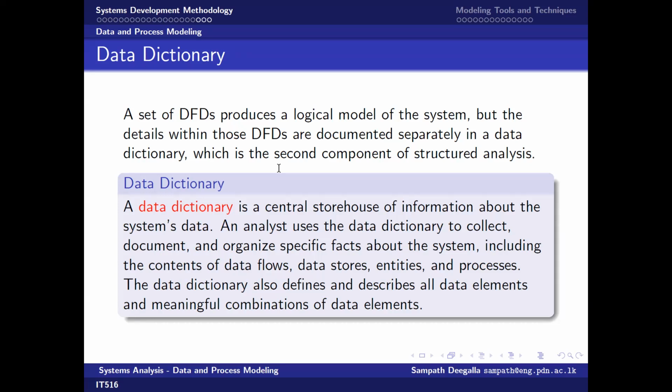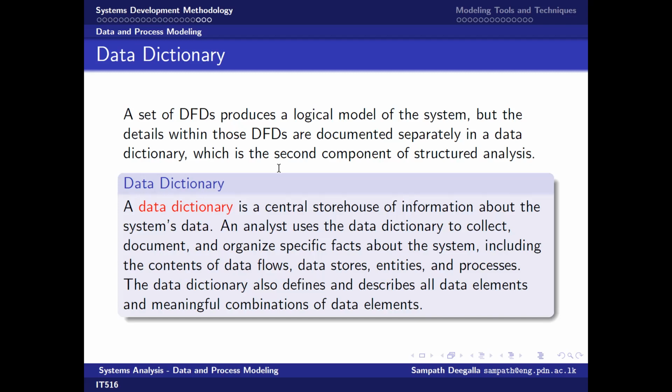You can say that the data dictionary is a central storehouse of information about the system data. And as analysts, we use the data dictionary to collect, document, and organize facts about the system. So basically, you are going to keep track of data flows, data stores, entities, and the processes.